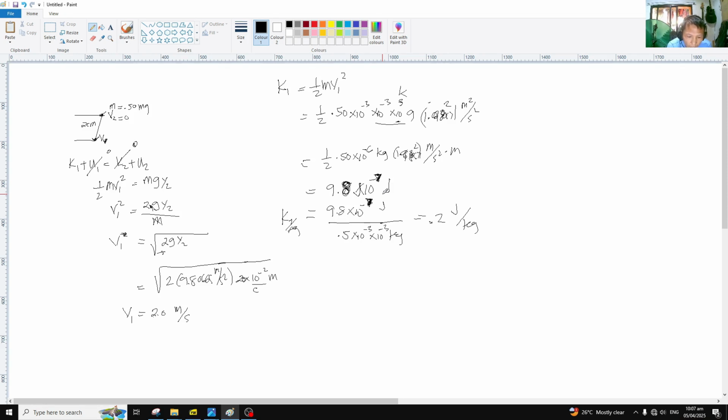So divide it by 0.5 exponent negative 6, and that would give you 0.2. So 0.2 joule per kilogram. Okay, just a correction. Thank you guys for listening.